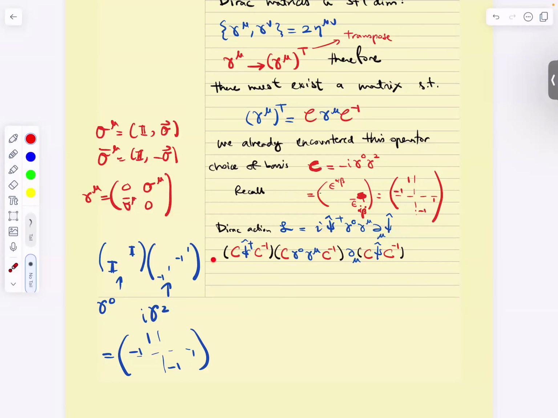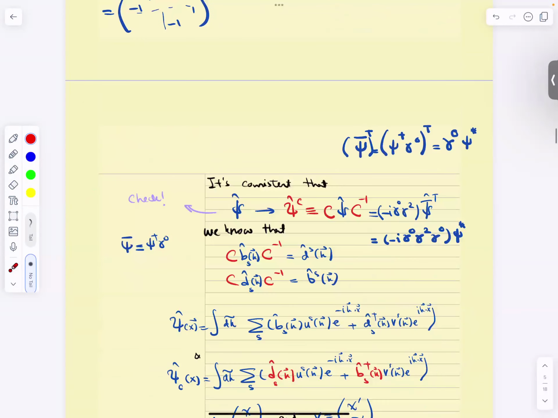So from the invariance of this and the fact that I know this relation, notice that gamma 0 is invariant, because gamma 0 has just identity. So it's transpose invariant, so I can just really move it around. If I want to switch gamma's, okay. From this, you can deduce that the action of it is like this.